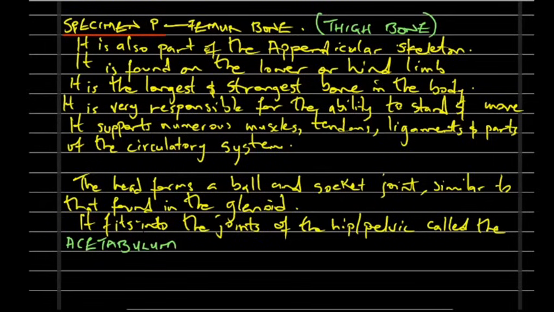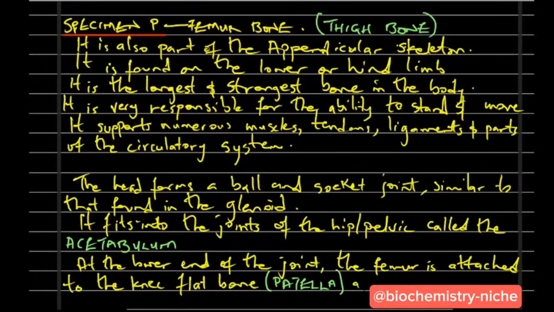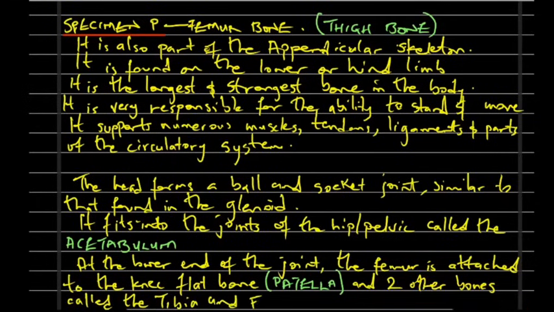At the lower end of this bone, the femur is attached to the knee flat bone called the patella, as well as two other bones called the tibia and the fibula.